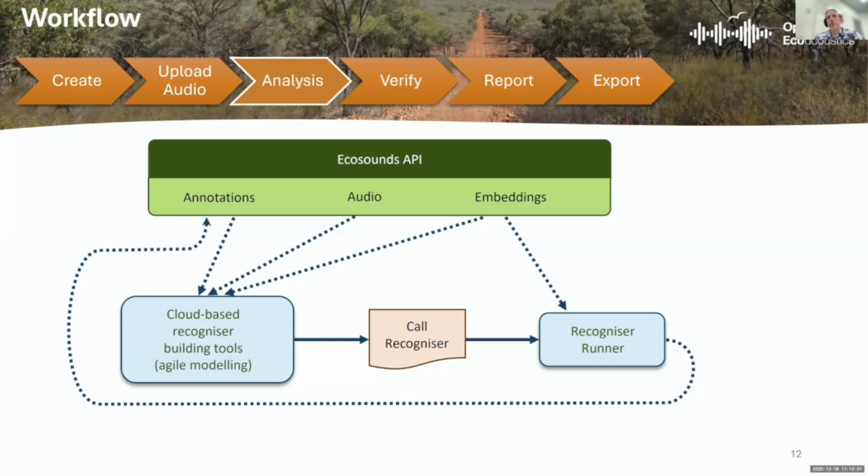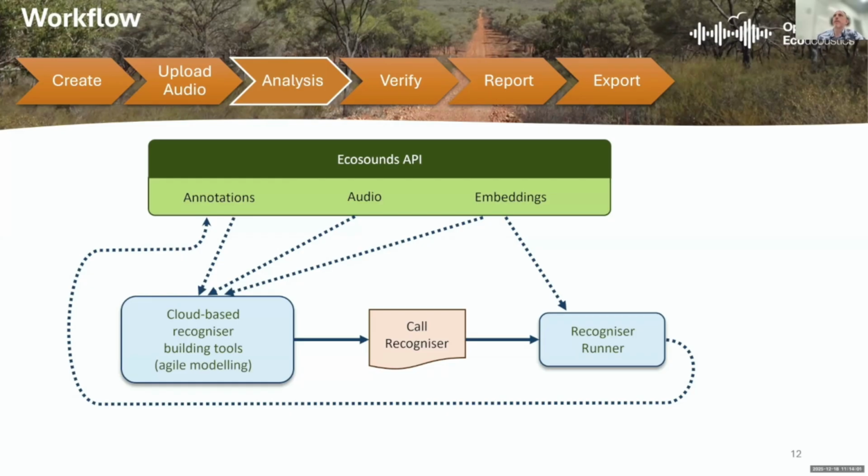Then that platform outputs a small file, a call recognizer that's just a JSON file, and that can then be run on a separate tool, again interacting with ecosounds via the API, pulling these embeddings, hundreds of thousands of audio files of embeddings if needed. And then the detections are ingested back into the ecosounds database, again via the API.